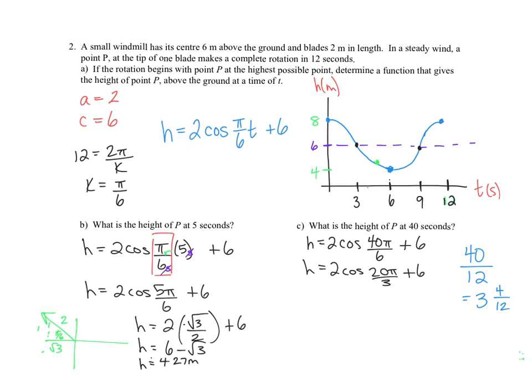So we are instead 4 seconds into our 4th cycle, right? We've completed 3 full cycles. So if this is periodic, instead of having to think about that work, I can say I am 4 seconds into my cycle.